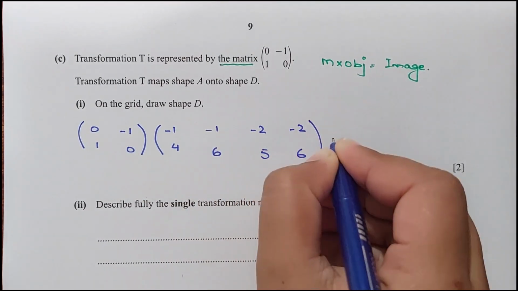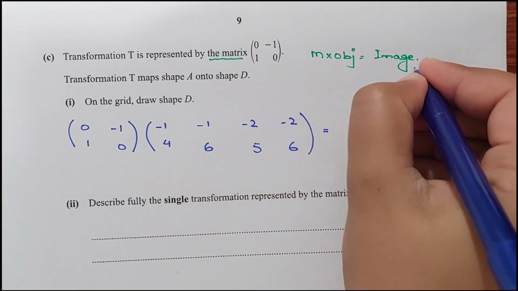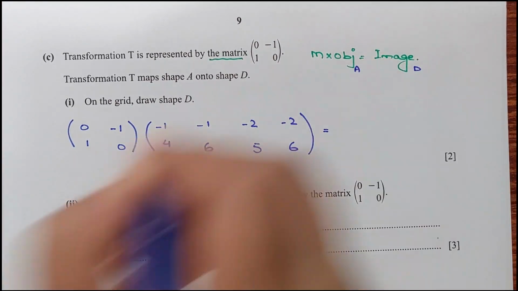All right, let me find out the image. The image is shape D and the object is shape A.